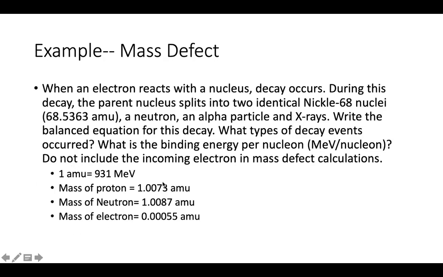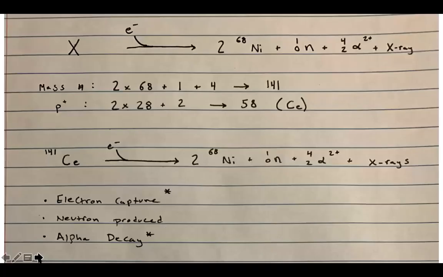Okay, and all of these values that I gave below would be given to you. Okay, you're not expected to know any of these values. Okay, and then I said, do not include the incoming electron in mass defect calculations, which by mass defect, I'm talking about binding energy. Okay, because don't include that electron that's absorbed and reacts with the parent nucleus.